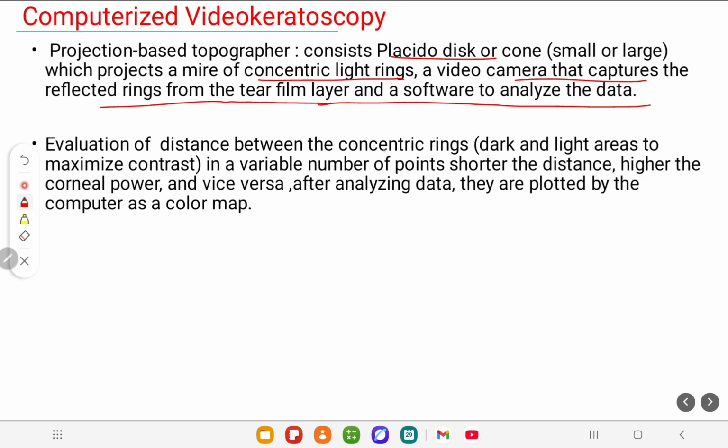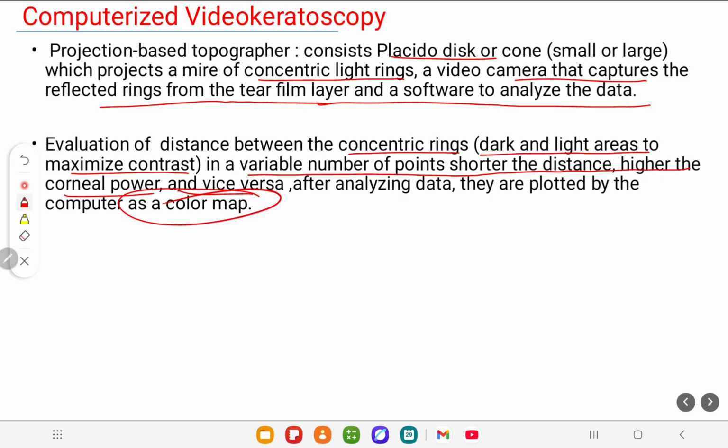Evaluation of the distance between concentric rings, dark and light areas, maximizes the contrast. The shorter the distance, the higher the corneal power, and vice versa. Basically the distance between two rings matters a lot. The smaller the distance, the higher the power, isn't it? It's simple. After analyzing the data, the computer plots it as a color map.